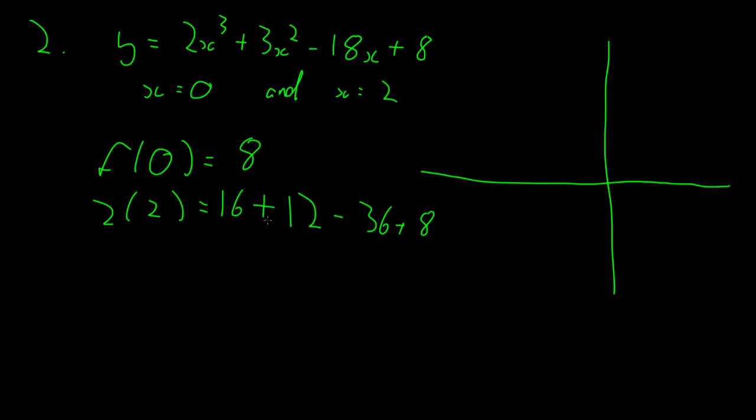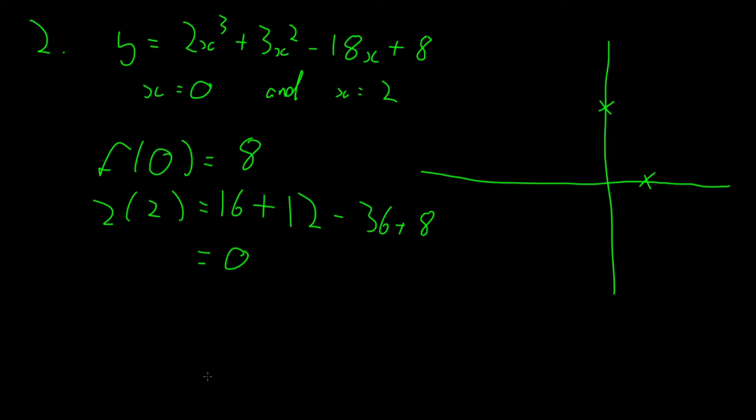And we can see here that this is actually equal to 0. So what this all means is that, actually we can just put the coordinates down. So x equals 0, y equals 8. So that'll look something like that. And when x equals 2, y equals 0.